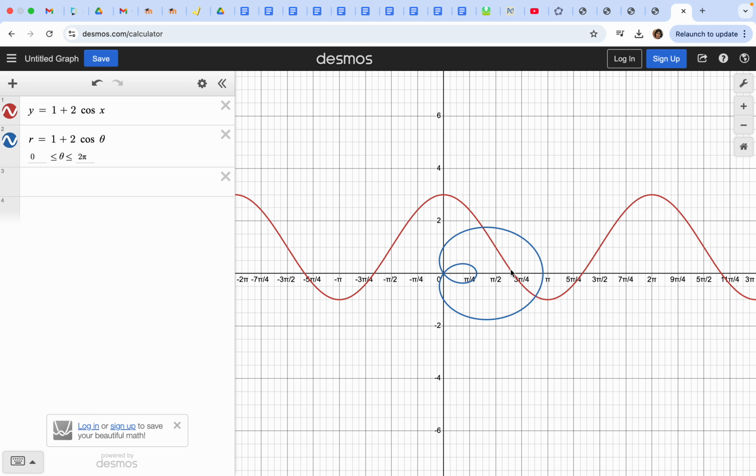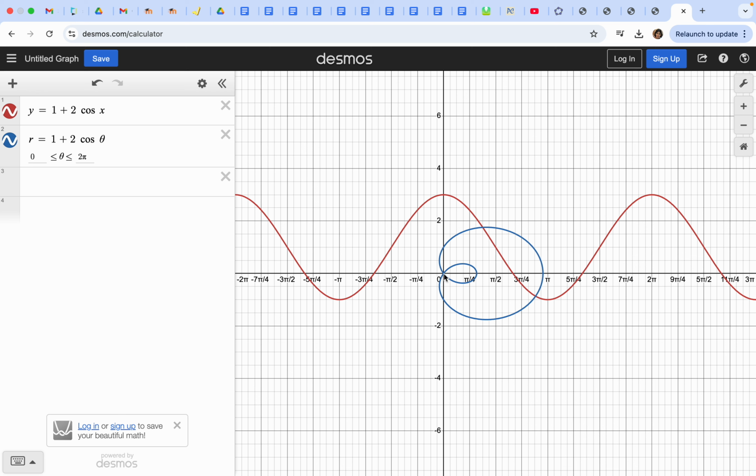Decreasing and positive, I am coming back to the origin. And then it's still decreasing, but it's negative. Decreasing and negative is going away. And then as I am increasing in negative, it's coming close, right?